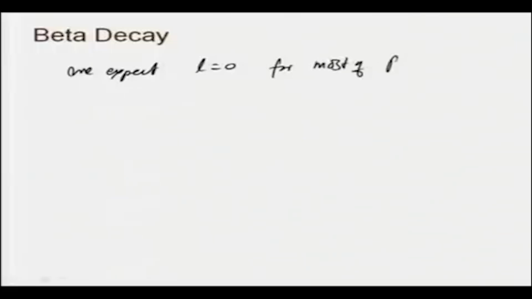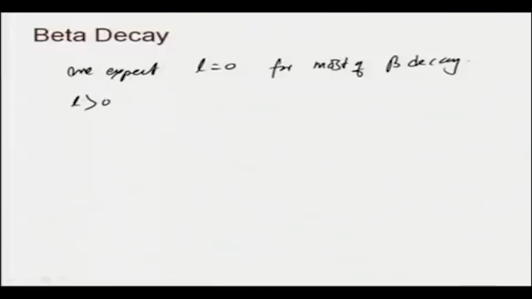for most of beta decay. Or the other way of saying it is that the most probable beta decay will have L equal to 0. If it is L equal to 1, although classically it is not possible the way we have discussed, quantum mechanically we can say that there is very less probability for this to happen.